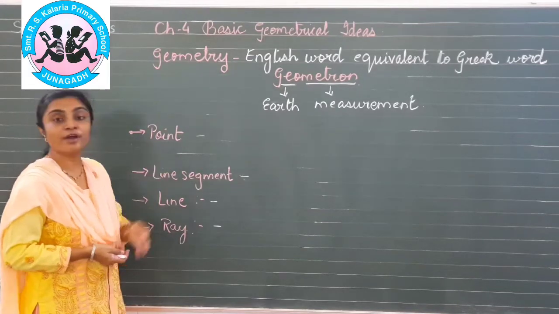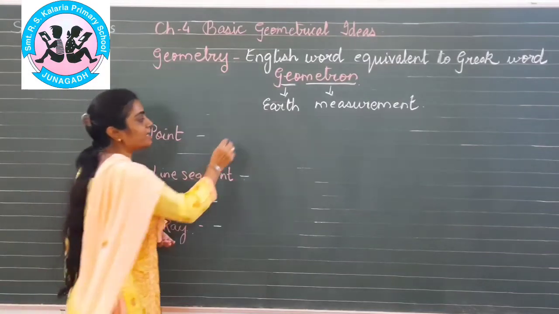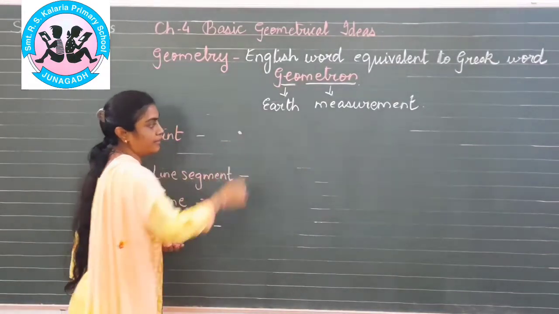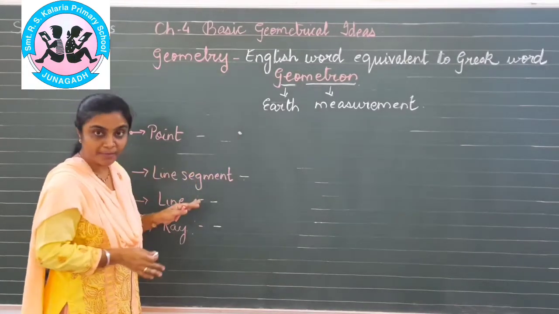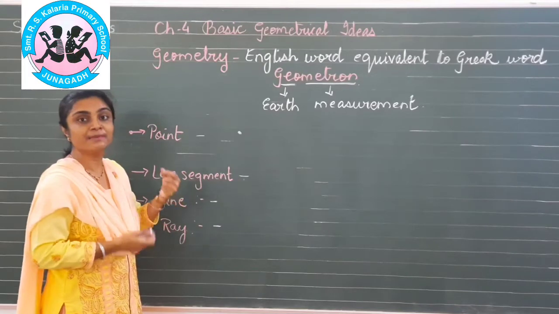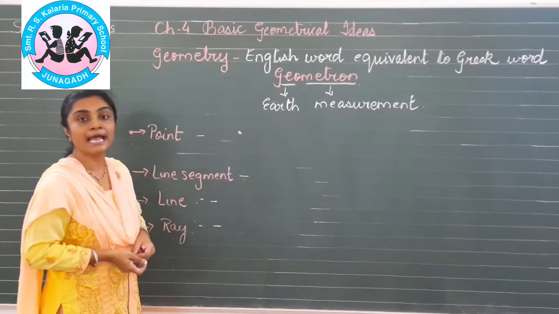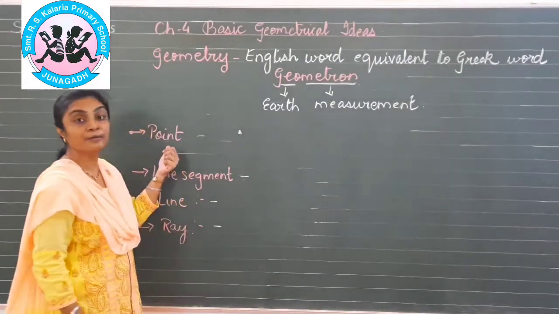So, the first topic we will take is point. Suppose I am putting a simple dot over here. This is a dot. I am putting a mark on the blackboard, a dot on the blackboard. This dot is called a point.